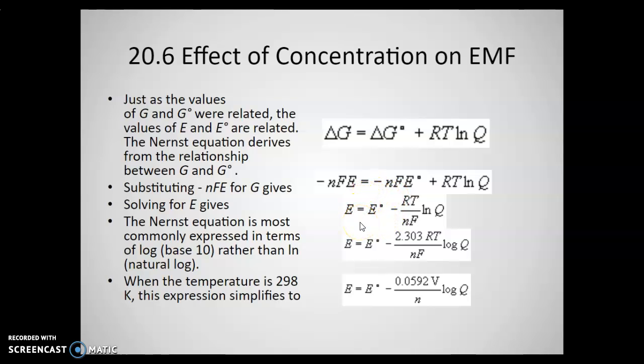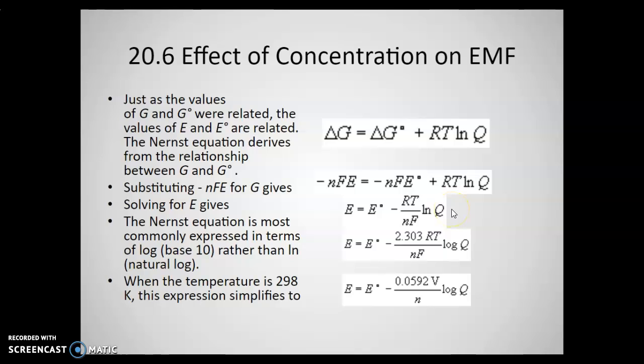What if it's not standard? Then you can calculate your cell potential by substituting in E for delta G, so negative NFE, and if you do some math, fun stuff, you get E equals E0 minus RT over NF times the natural log of Q.